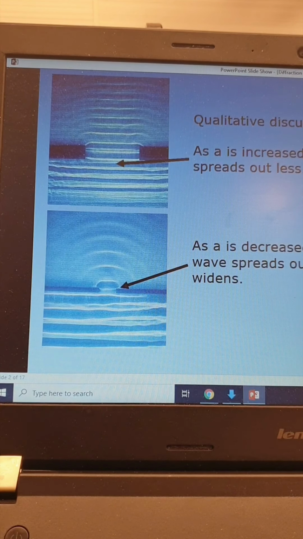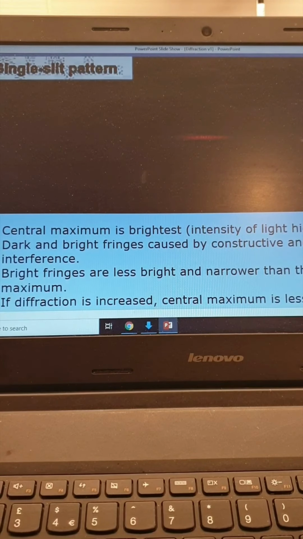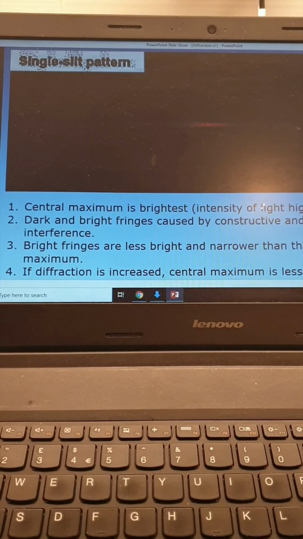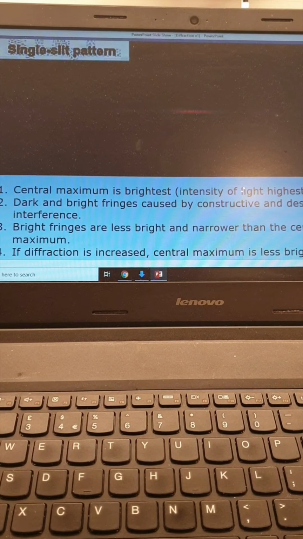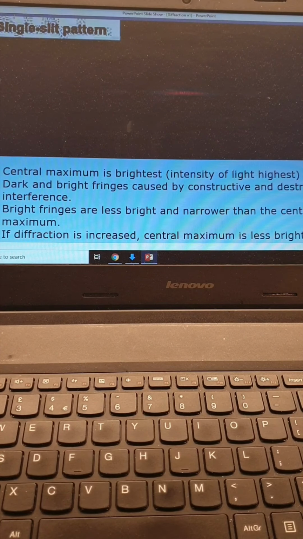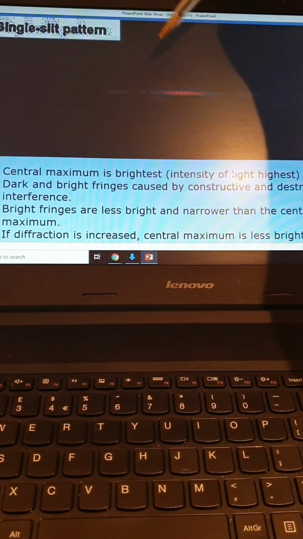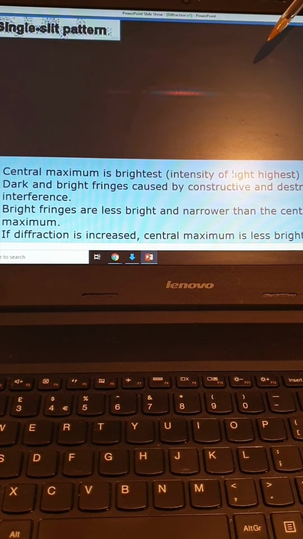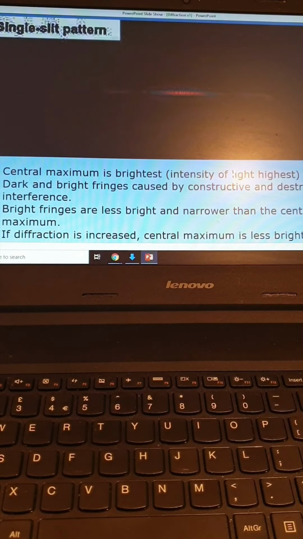So qualitatively we can say for single slits we get this sort of pattern, and we can say that the central maximum is brightest. There are fringes on either side. So the central maximum is brightest and there are fringes on either side. Those fringes are not as bright and there are dark fringes in between.